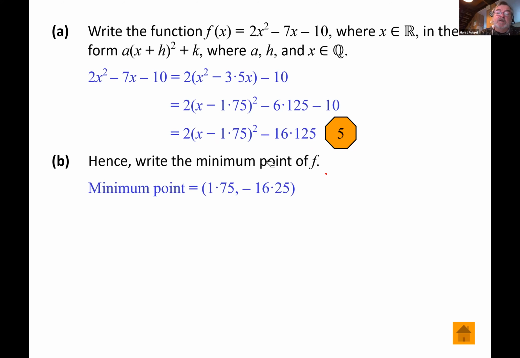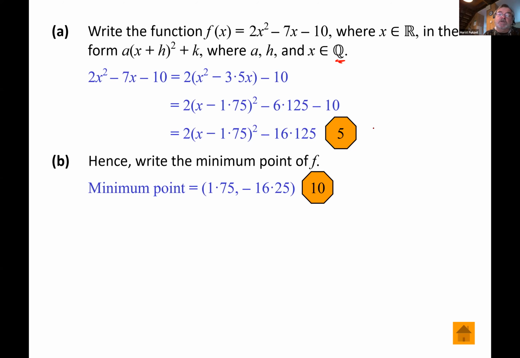The reality is that most of the numbers you actually get when you do these things in real life are fractions or even irrational numbers. But it does say here that they're all rational numbers. So what was the marking of that? They gave that 10 marks. I think generally that would have been the other way around, but 10 to work out completing the square and 5 to write down the minimum point.